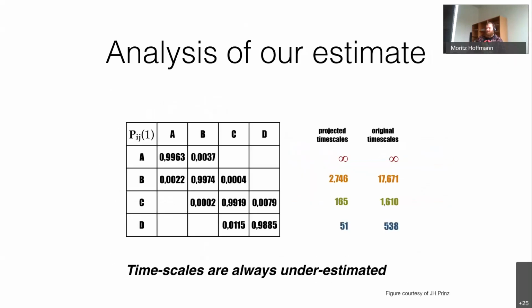Okay, so how can we analyze our transition state model once we have it? First of all, we should note that the timescales that we obtain are always underestimated. So here we have quite a significant difference between the timescales of what we estimated and the ground truth timescales.